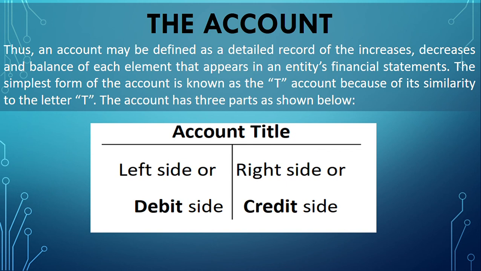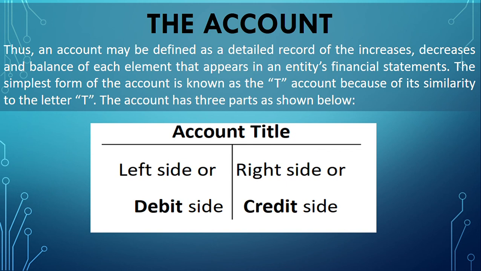But before that, we will discuss first on how we are going to make a double entry system, from which titingnan na natin ano yung dapat nating i-debit, ano yung dapat nating i-credit. And of course, before we are able to do that, we will discuss first also yung tinatawag natin yung normal balances.